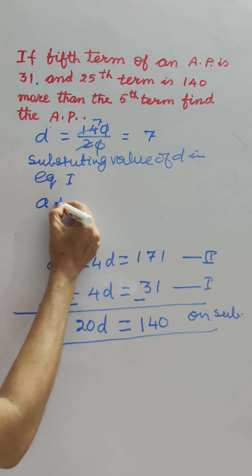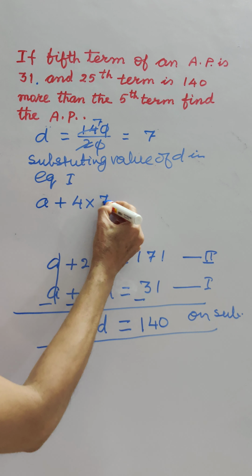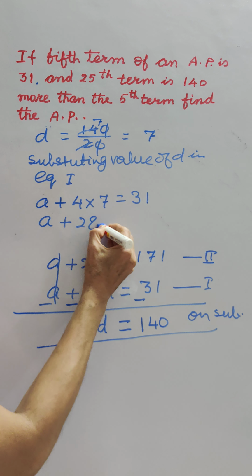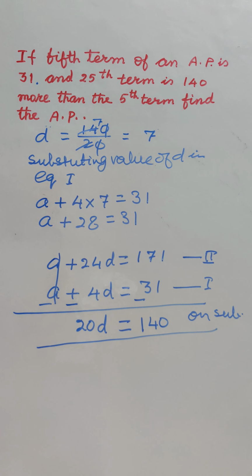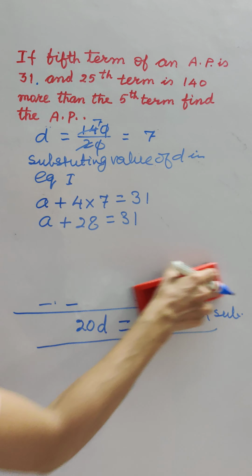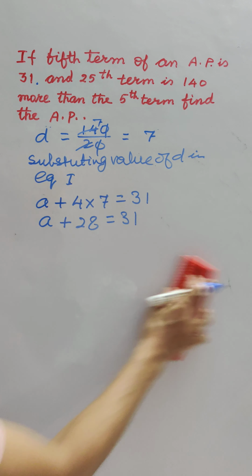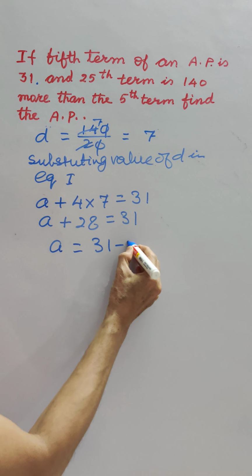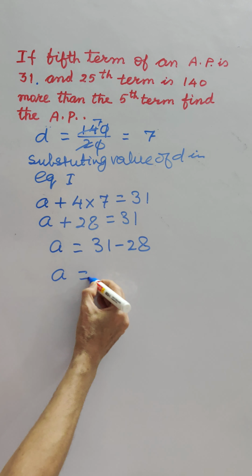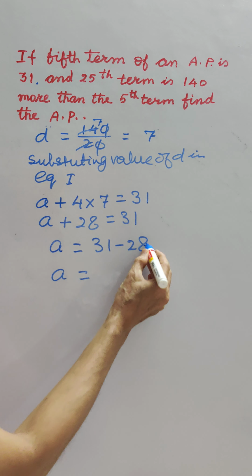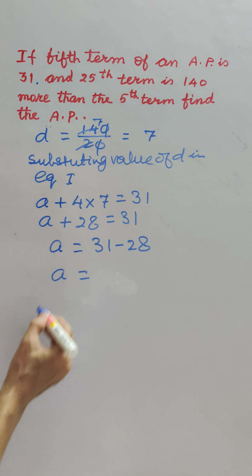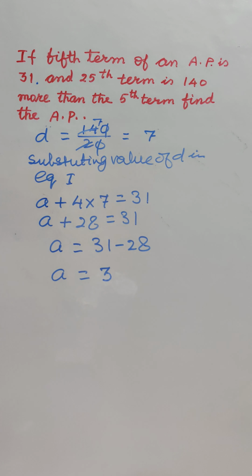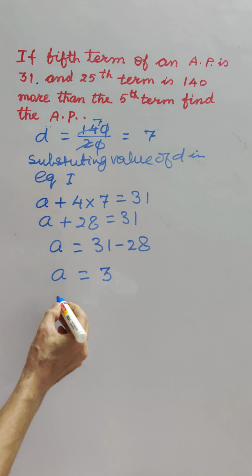So a plus 4 into 7 is equal to 31, or a plus 28 is equal to 31, or a is equal to 31 minus 28, or a is equal to 3. So this way, the first term of the AP is 3.